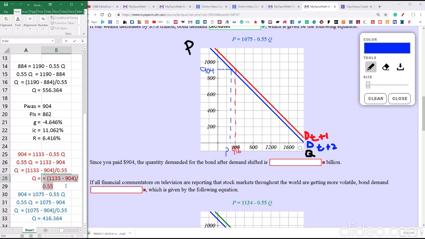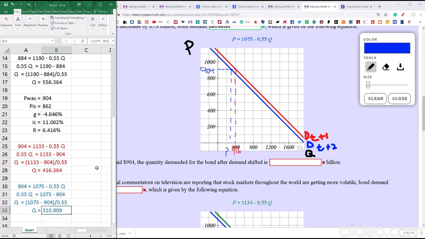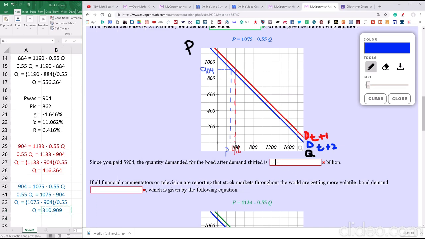Let me just copy this in here, inside. Okay, there it is. It was just hiding. 1075. And the new quantity is 310.909. Okay, so let's go ahead and erase the question mark here. And then we'll write 311.